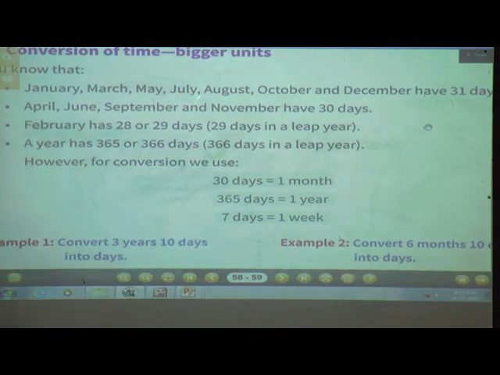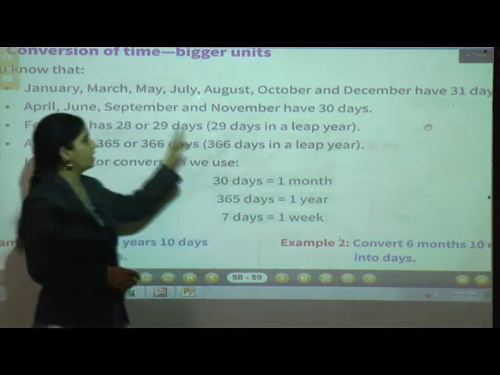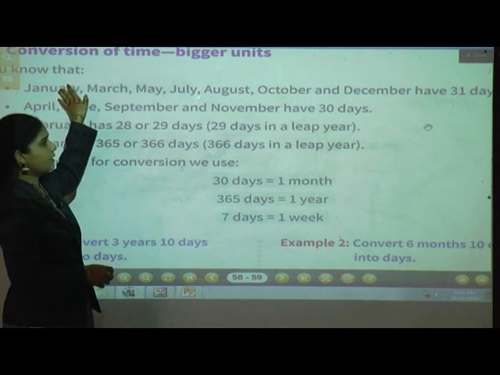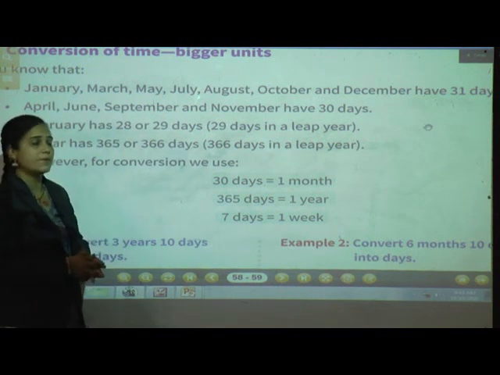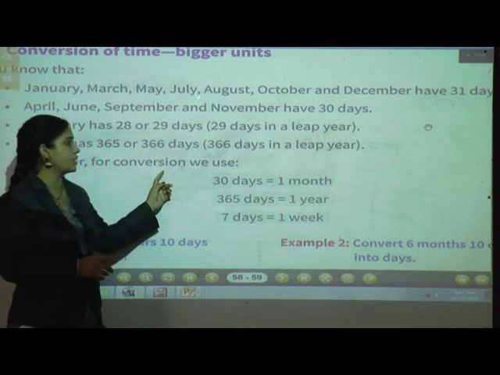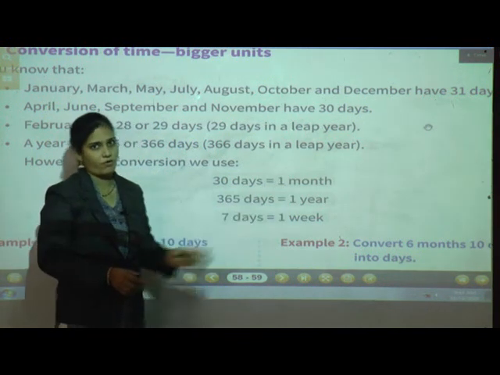However, for conversion we use 30 days equal to 1 month. Although these months have 31 days, and even February has 28 or 29 days, for the calculation we use 30 days equal to 1 month.